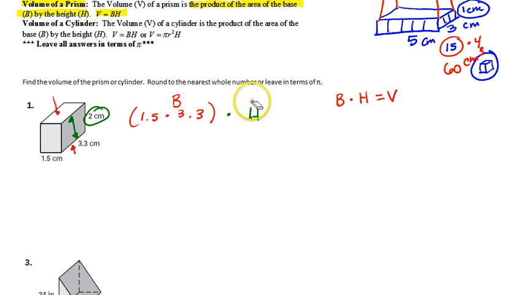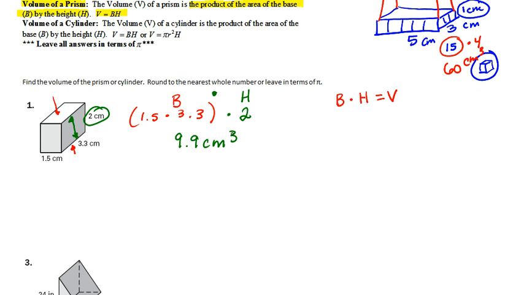So my height is going to be 2. So I'm taking my base times my height. If I multiply 1 5/10 times 3 3/10 times 2, I get 9 9/10 centimeters cubed.